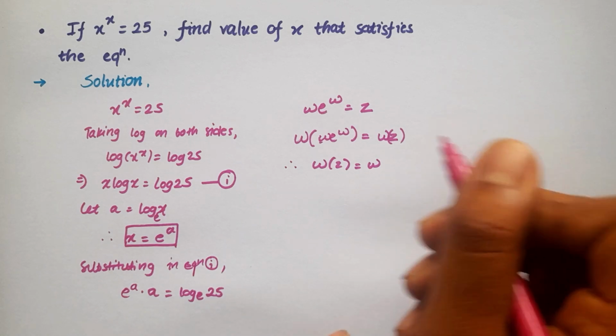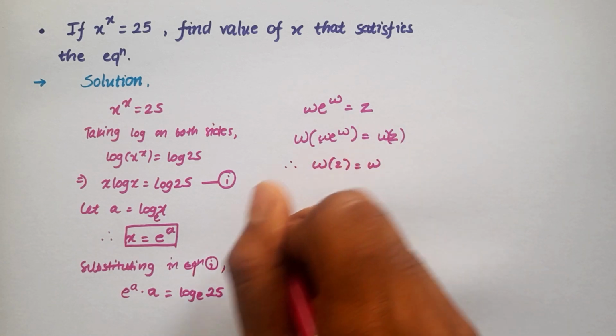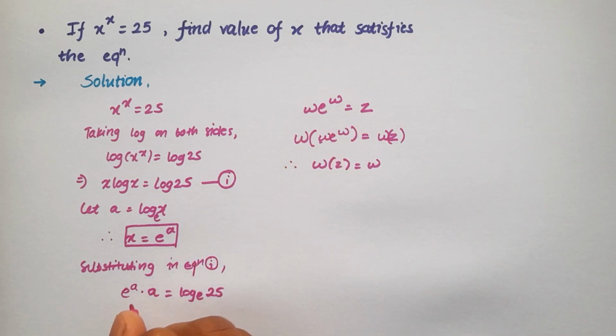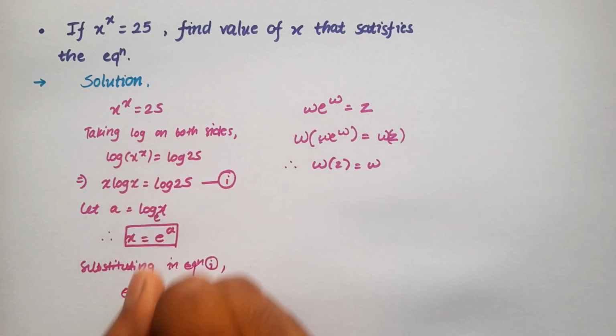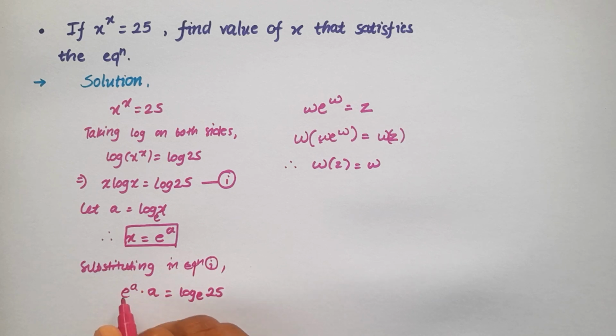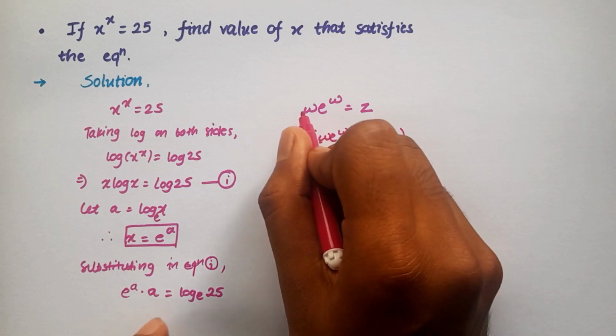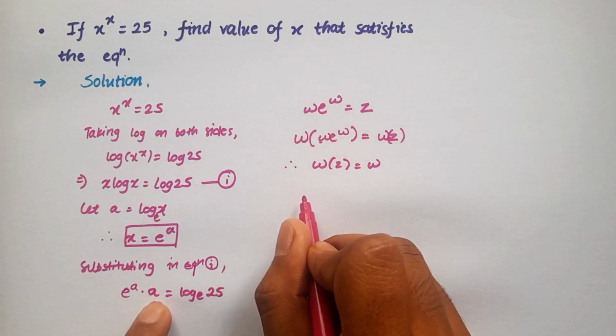So now let's see whether our equation is in this form or not. We have converted this equation into this form, and we can see that e to the a multiplied by a is the same thing as w multiplied by e to the w, where w is equal to a in this case.